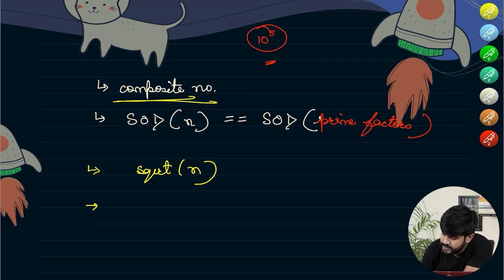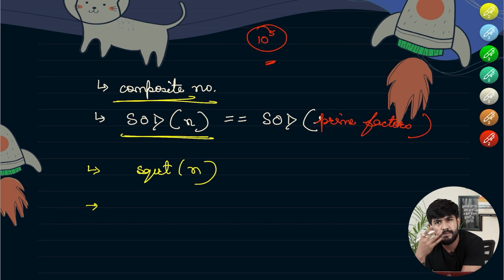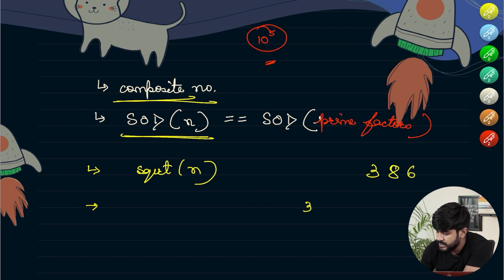Square root of n, this is what we can do. Now, sum of the digits of the number n. Taking out the sum of the digits is also very easy. How? Let's say we have 386. To take out the last digit, we would do 386 modulo 10, which is equal to 6.